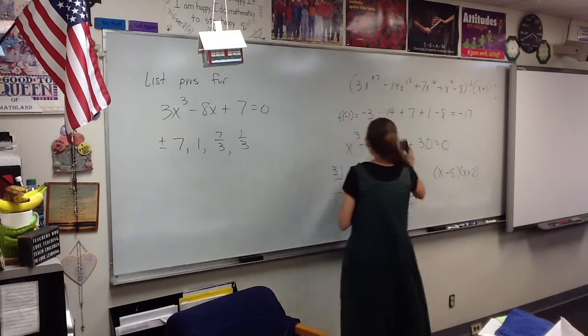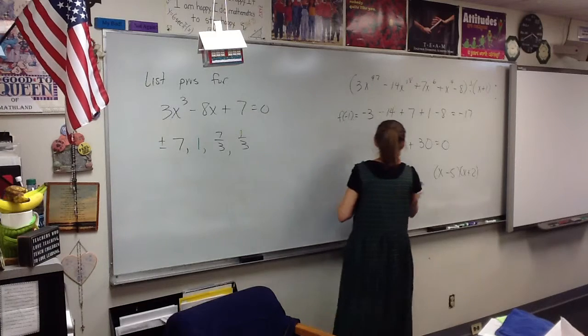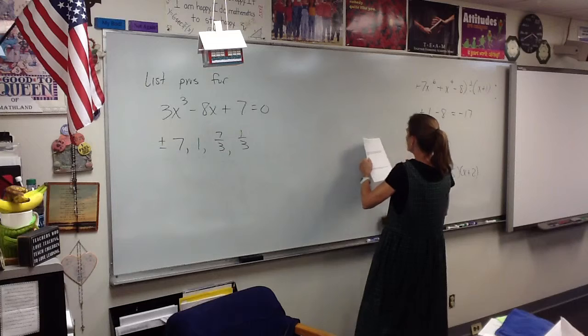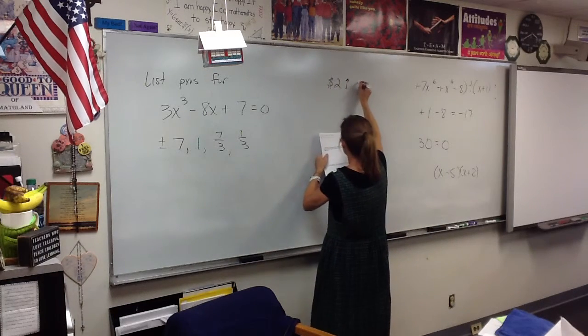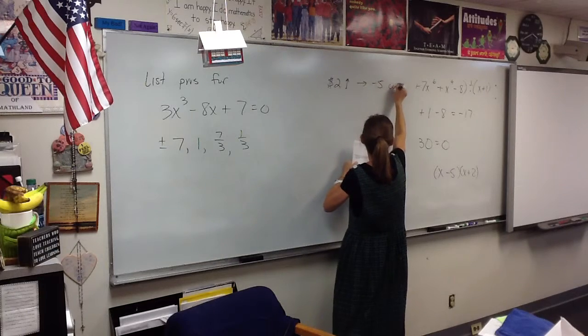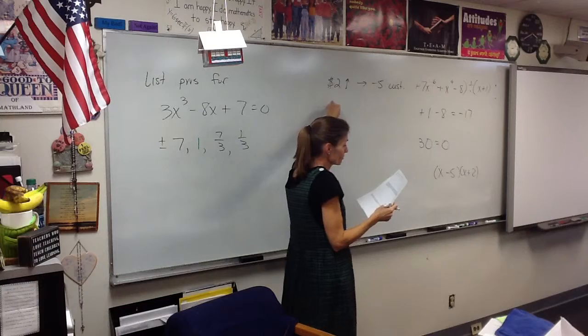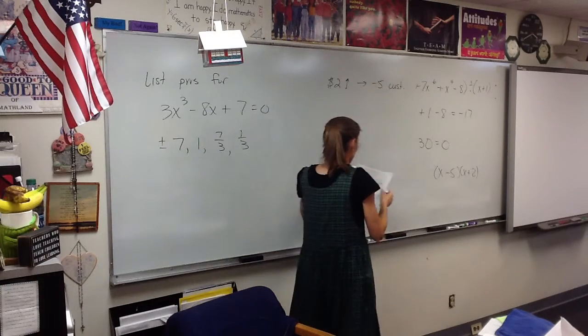All right, Anna loves flowers. She has done some research, and she discovered that for every $2 increase in price, she will lose 5 customers. So if the price goes up $2 on her bouquets, she's going to lose 5 customers.